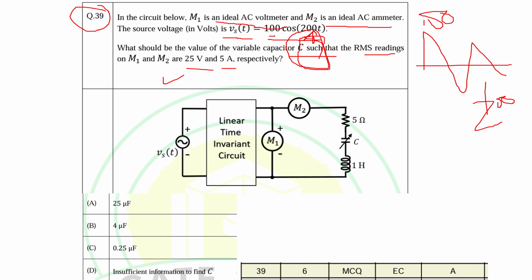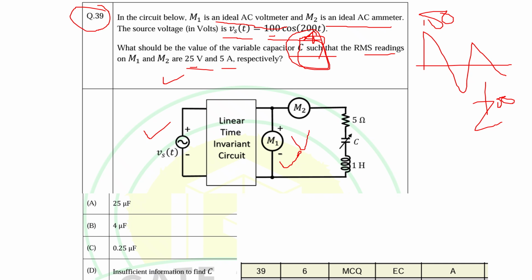So capacitance. If we look into the circuit carefully, a voltage source is given and M1 is being used to measure the voltage, which is why it is connected in parallel. So you will get the voltage here, and the RMS voltage is already given, 25 volt.